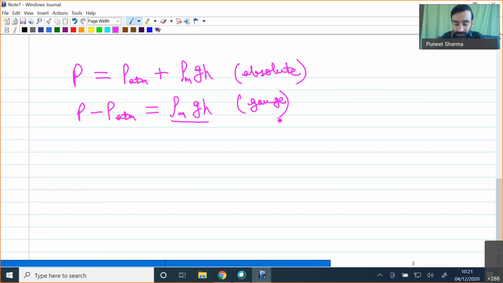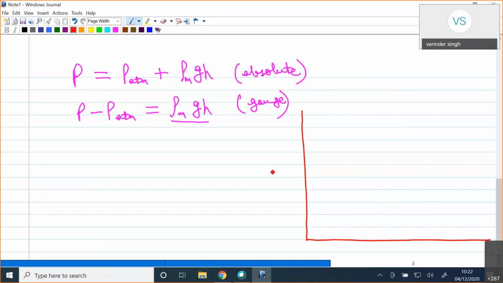Let me now give you a more detailed understanding of the difference between absolute pressure and gauge pressure. Let me plot the reference line for the pressure. Let us consider that along this ordinate, I have different values of pressure.